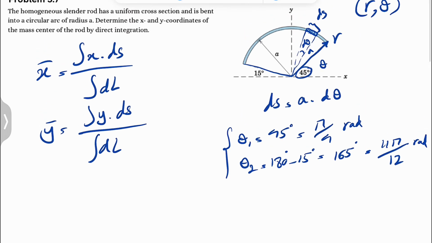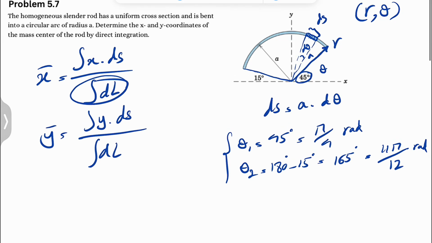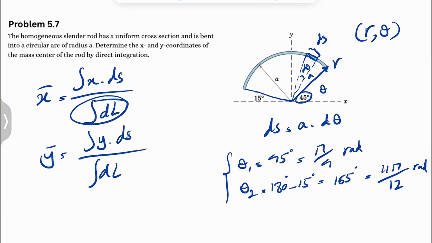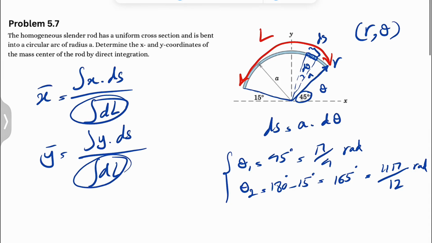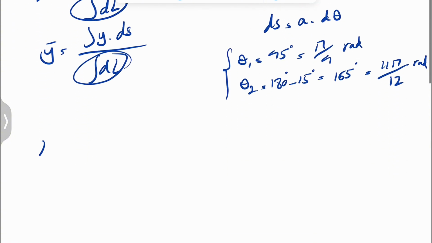So looking at our formula, we need the total length of this arc, which is basically our L. Let me show it. We call this L, and we need to figure that one out. And our element is moving from theta 1 to theta 2, and that's going to cover the whole length. So because the denominator of these two is L, let's just find the L first.